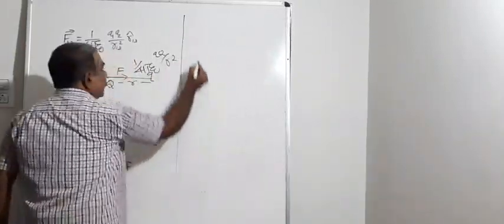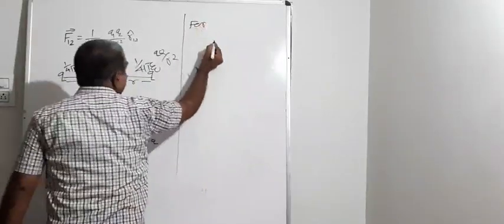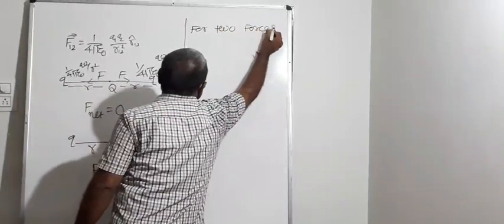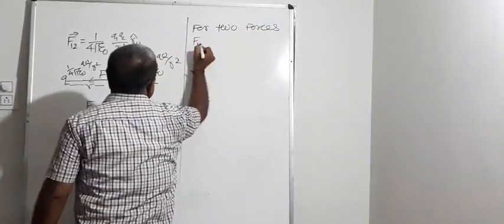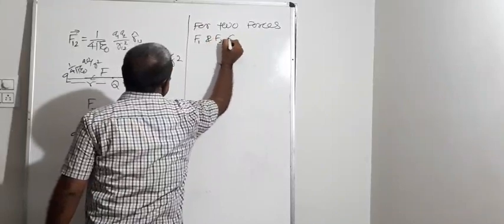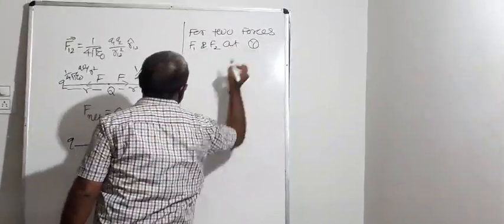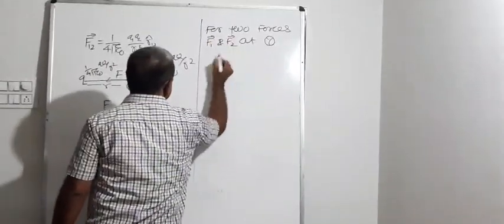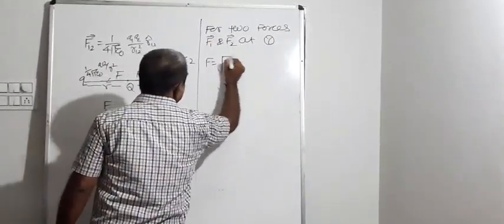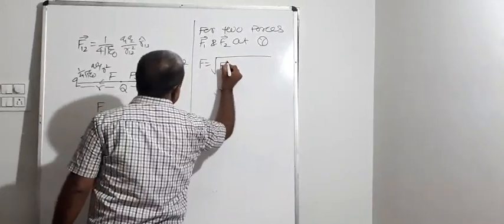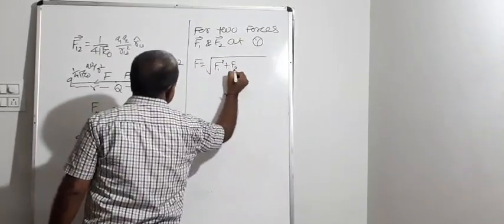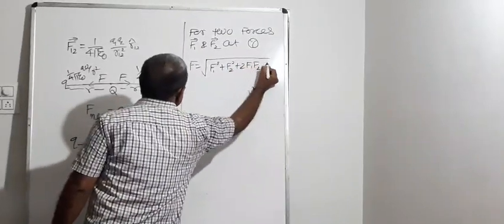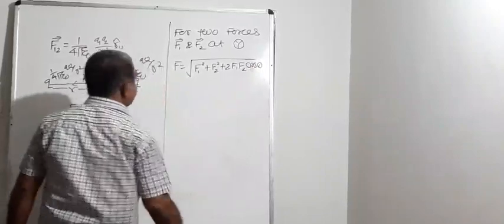Similarly, for two forces F1 and F2 at a certain angle theta, the resultant F will be under root of F1 square plus F2 square plus 2 F1 F2 cos theta.